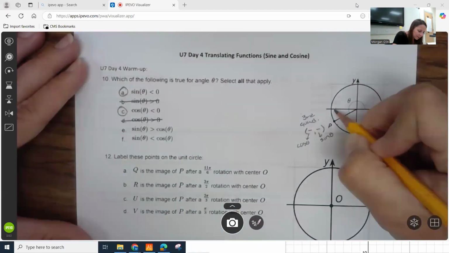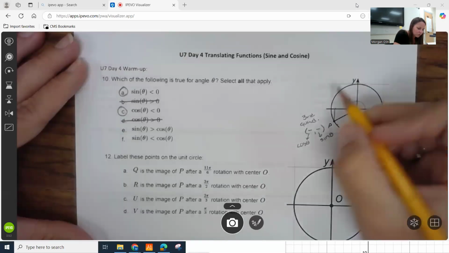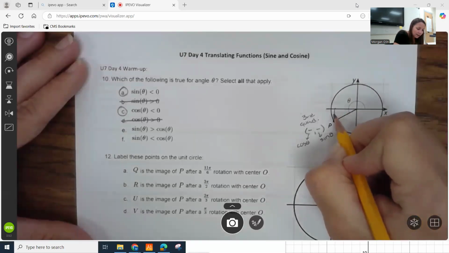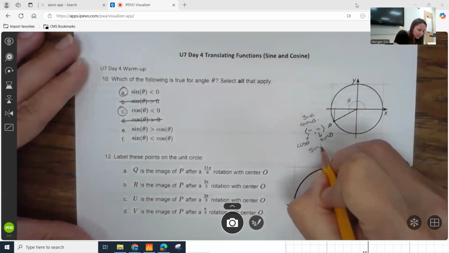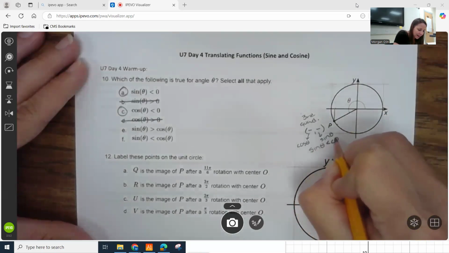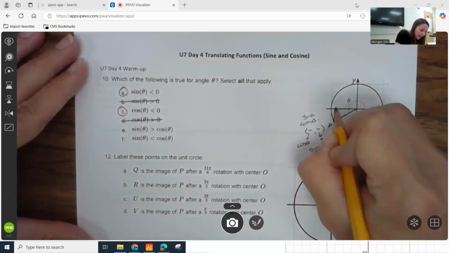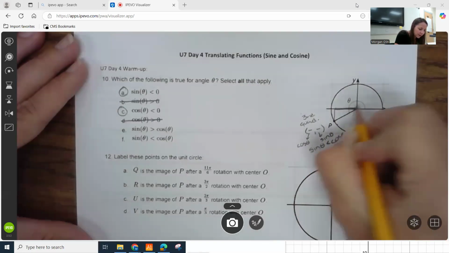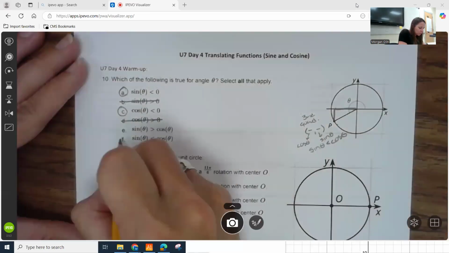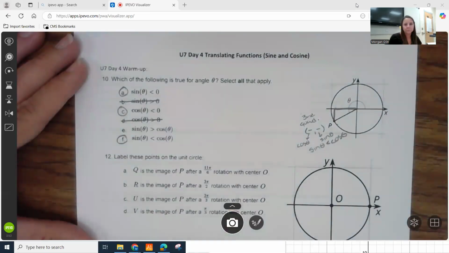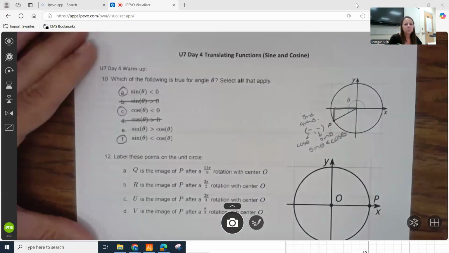But here, do you notice how the y looks smaller? The sine of theta is going to be less than the cosine of theta because the x value is longer than this one right here. So this is the one we're looking at. Be able to decipher that, and remember, cosine is x, sine is y.